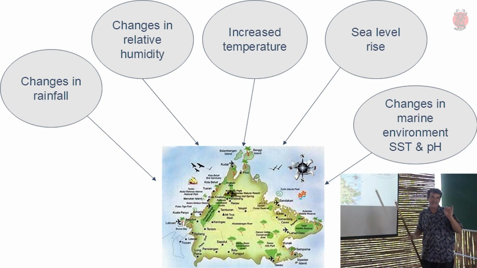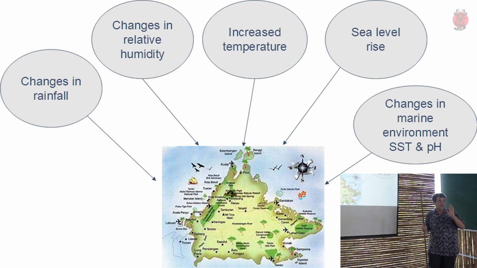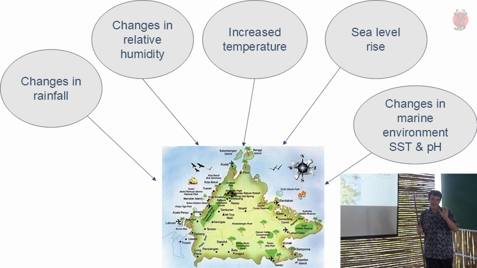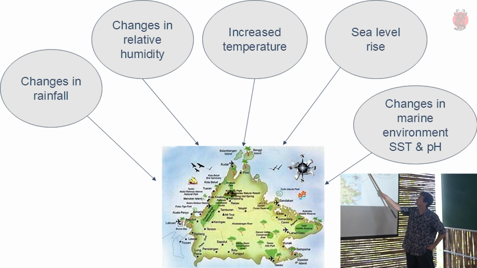And it's really easy when you're doing this work just to think about a single variable, okay? And go, it's only temperature we have to worry about. But it's not. When you're looking at climate change impacts in Sabah and trying to explain them, it's not just temperature that's going to be impacted. We'll have increased temperatures.